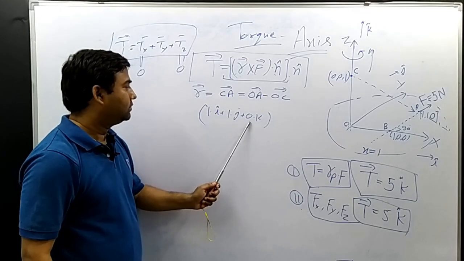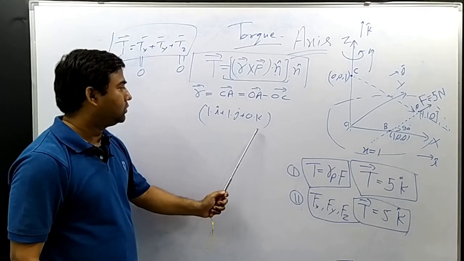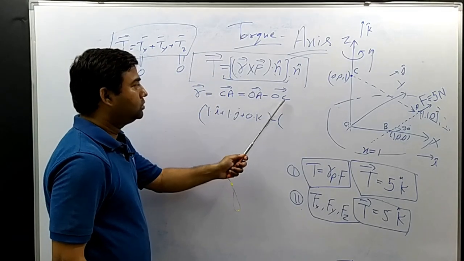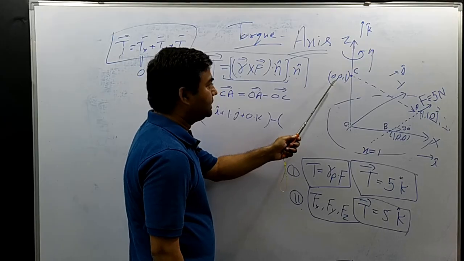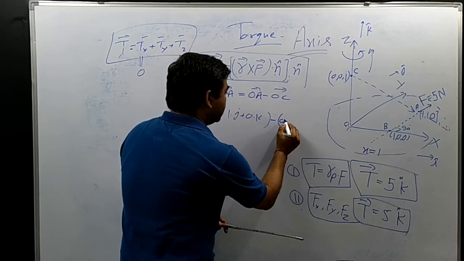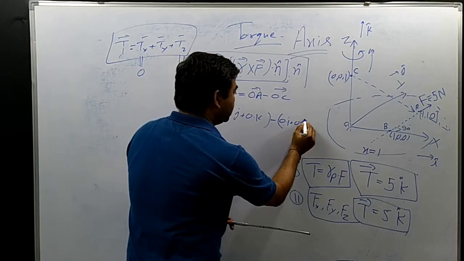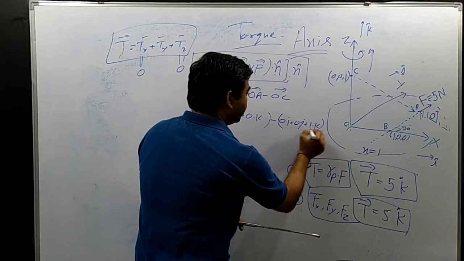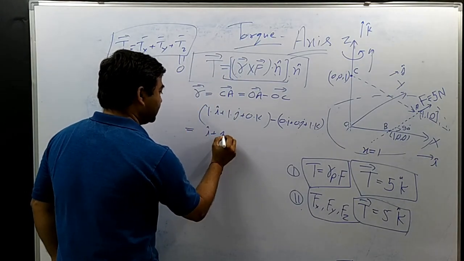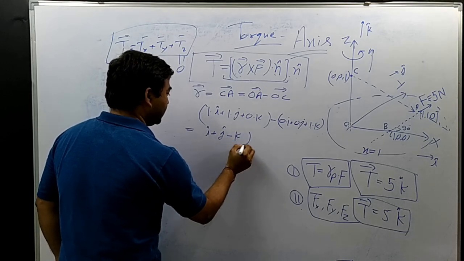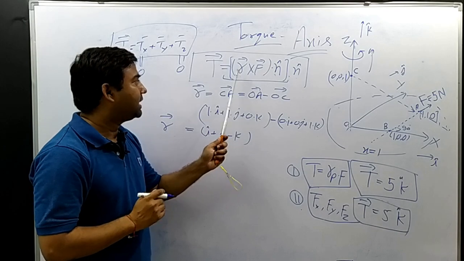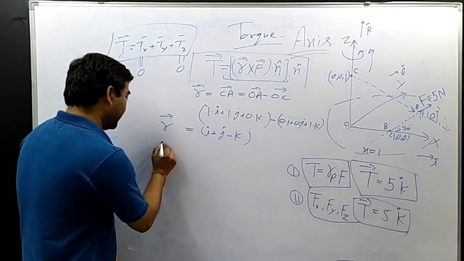Then minus vector OC. The coordinates of C are 0, 0, 1, so vector OC is 0I plus 0J plus 1K. This will be I plus J minus K. So this is vector R. So vector R is known. Now vector F.